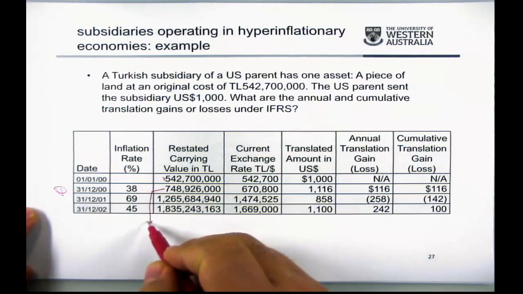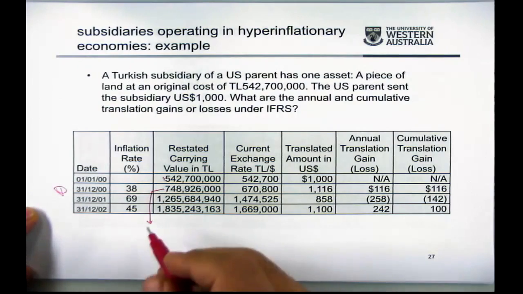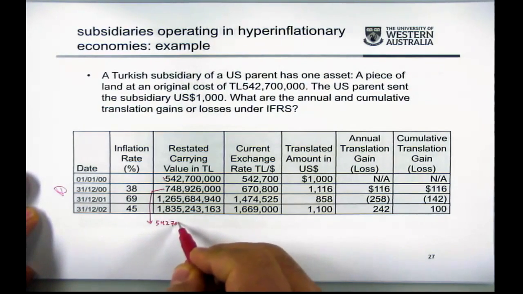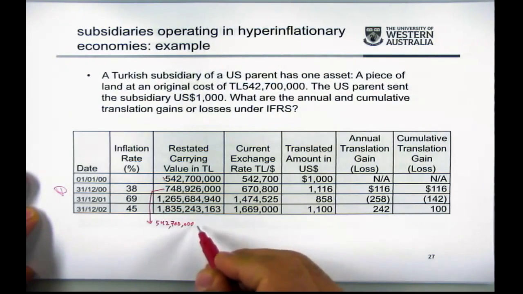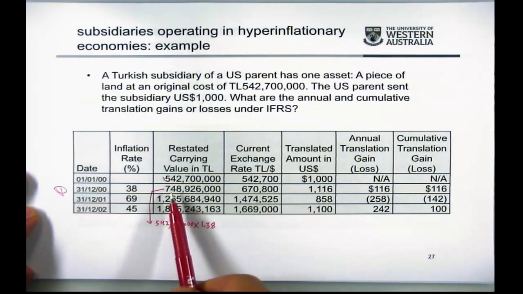So this is the inflation adjusted value of the land. It is 542,700,000 times 1.38. So this is the value of the land at the end of the first year.